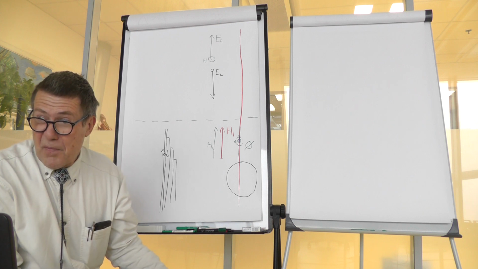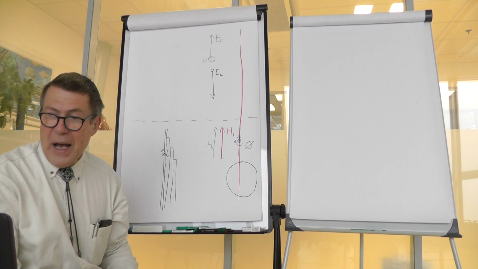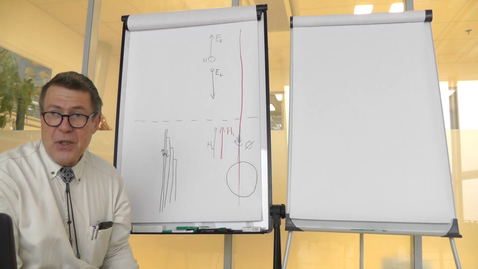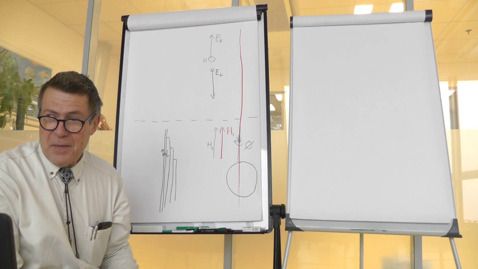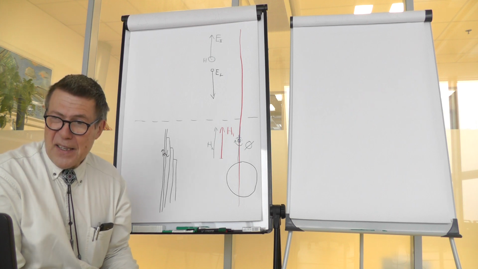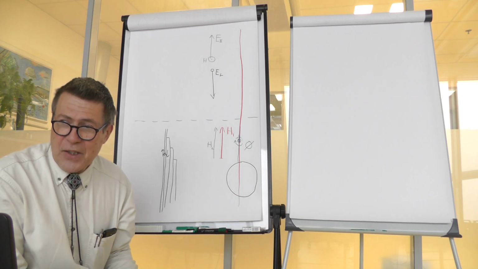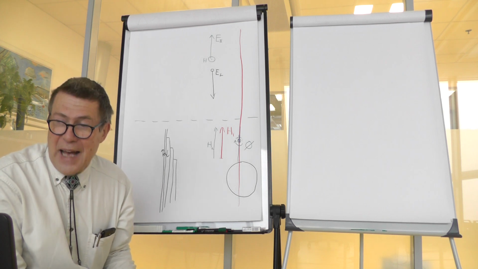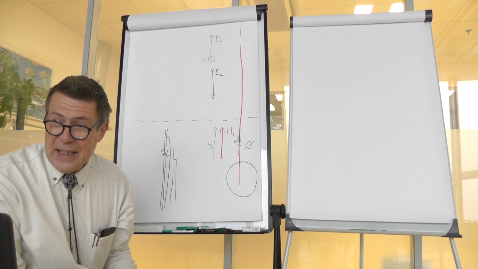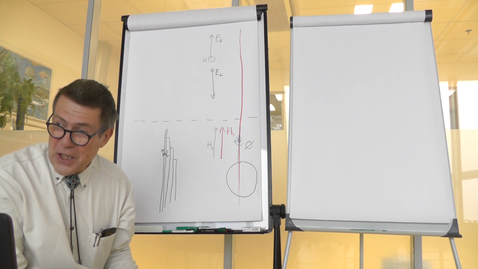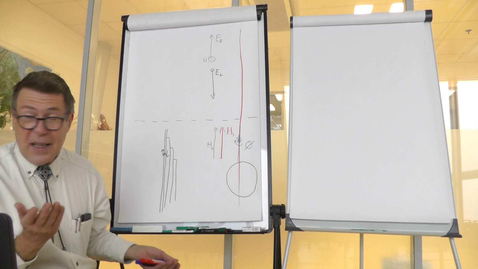But for electromagnetic waves, there is used something which is called skin depth. The skin depth is a distance at which the electromagnetic wave damps just e times, where e is the base of natural logarithms, the Euler's number.